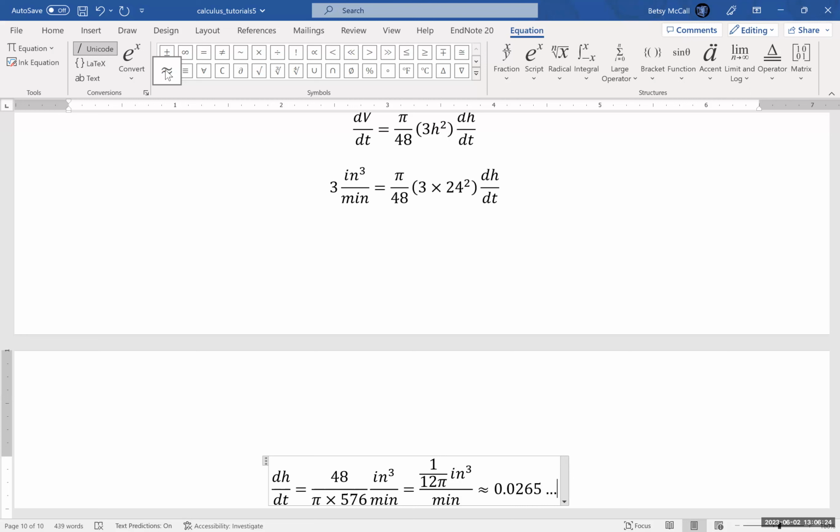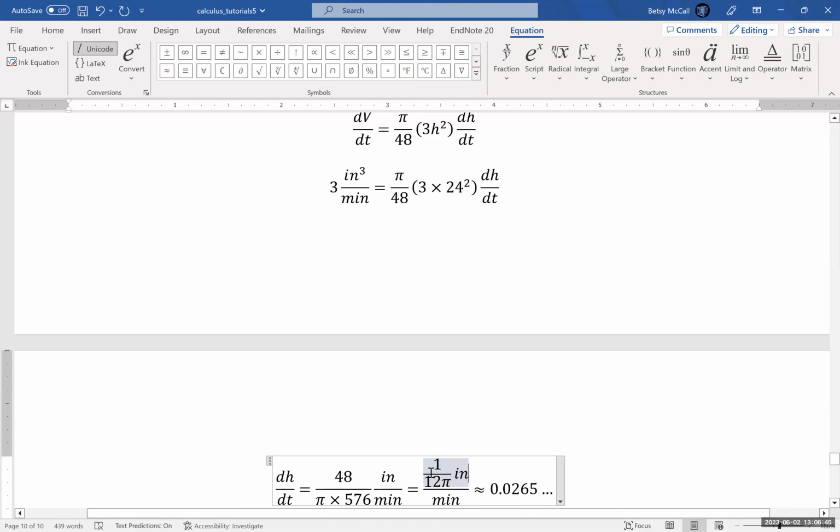Cubic inches, or actually, this was cubic inches. The height is not increasing at cubic inches. Let's take my units in inches. Yes, inches. The change in the height is increasing at inches per minute, not cubic inches.